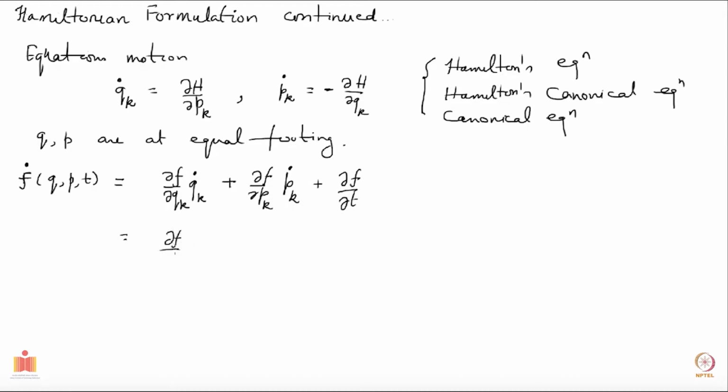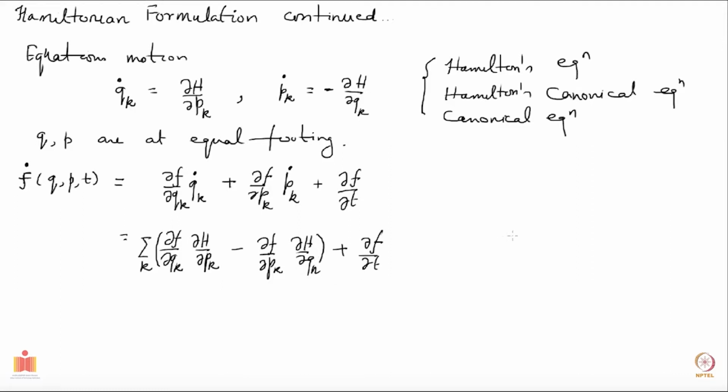So you have del f over del q_k, q_k dot is del H over del p_k, minus, because of this one, del f over del p_k, and p_k dot is del H over del q_k, and then you have the partial derivative with respect to time. Let me make the summation explicit here for once.